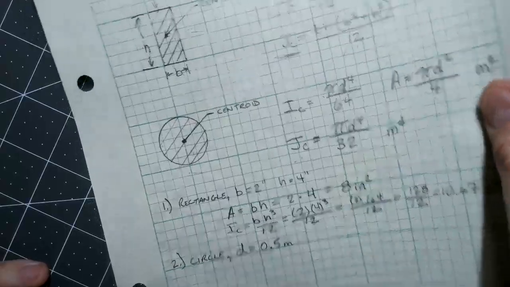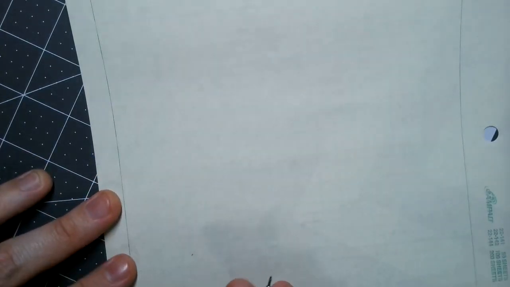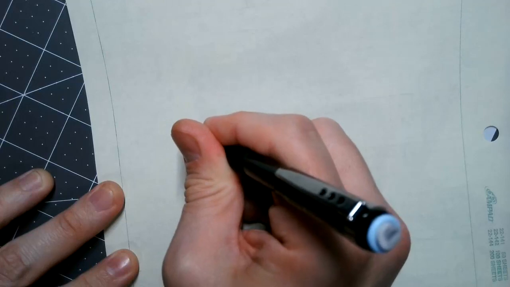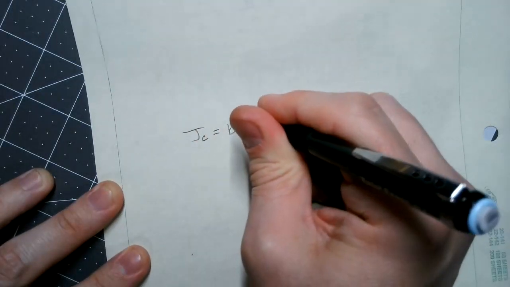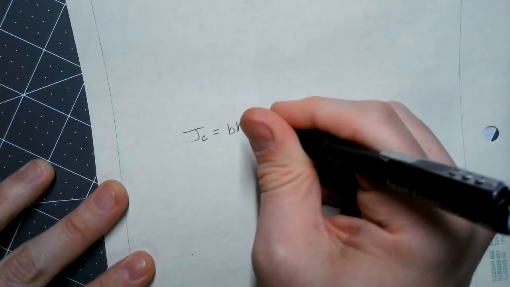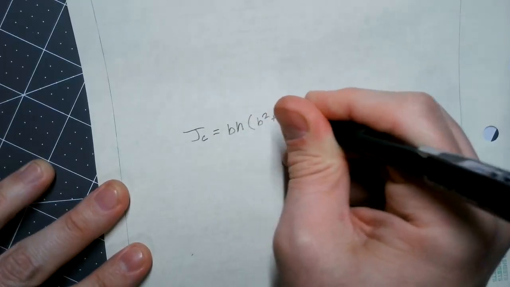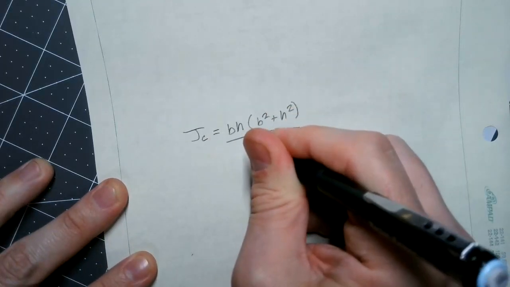I'm going to flip over because we're running out of space here. I'm going to write it on the back side here. So our formula for the polar moment of inertia, J sub c, this is for a rectangle, is base times height times the base squared plus the height squared divided by 12.